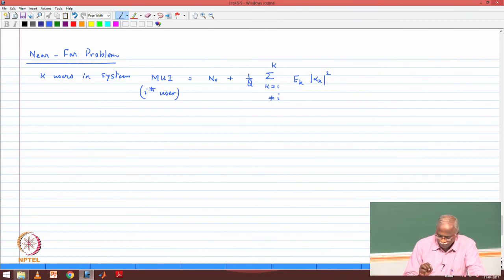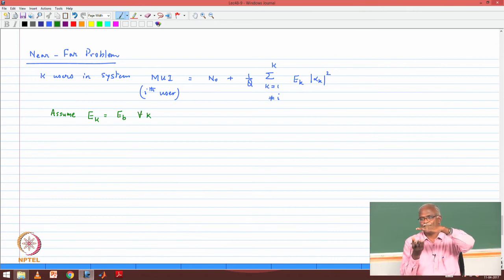We will make one assumption just to get the insight from this. We will assume that the E_B with which we want to transmit each of the signals is the same. E_k is equal to E_B for all values of k. That is, each of the signal constellations are all normalized. All of them are transmitting the same value.